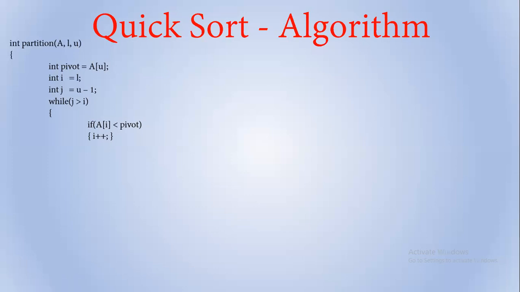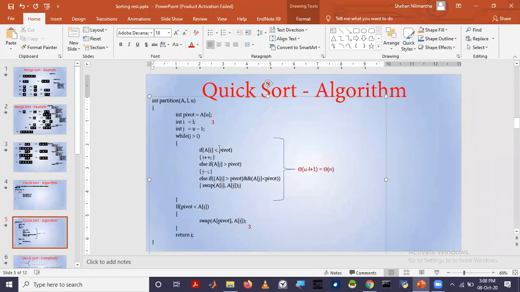So if it is less than the value of the pivot, so this should not be pivot, this should be the value at the pivot. Yes, sorry. I have initialized pivot as the value at the last element.